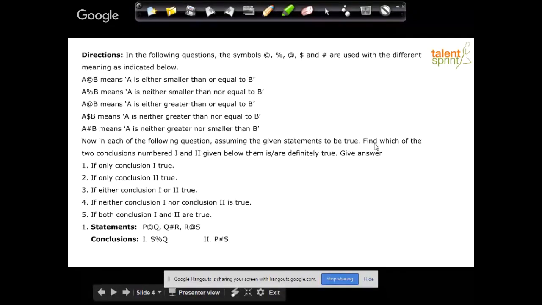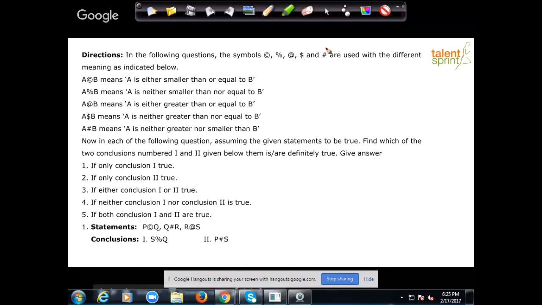The next section, boys and girls, is on a topic that we say coded inequalities. Now, what happens in coded inequalities? In coded inequalities, there is usually a mathematical operation or a symbol that represents a certain mathematical operation.